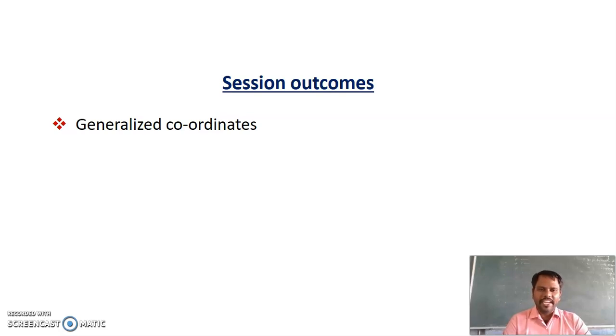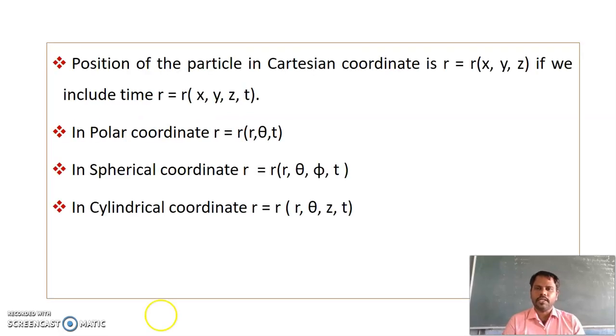We all know different coordinate systems, namely Cartesian coordinates, which are x, y, z; polar coordinates r, theta; spherical coordinates r, theta and phi; and cylindrical coordinates r, theta and z.